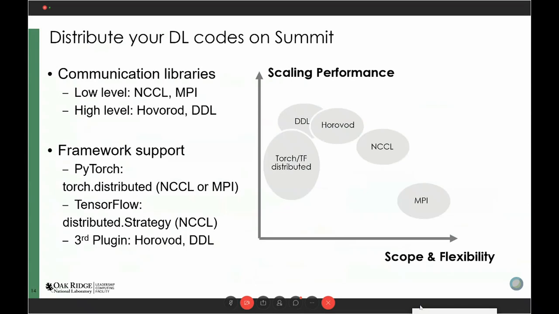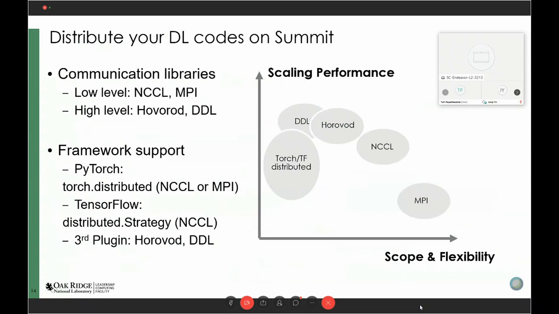So MPI obviously is the most flexible because it has all the communication APIs you need. And NCCL right now implements mostly a subset of MPI, mostly collectives. And Horovod is built on top of NCCL and MPI. DDL can be run as one of the backends for Horovod.